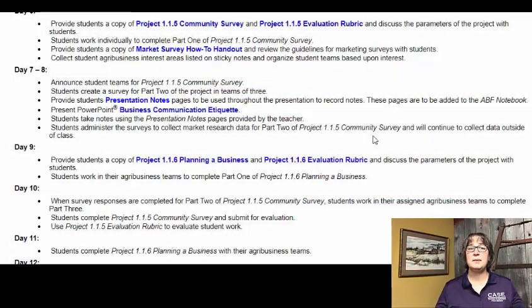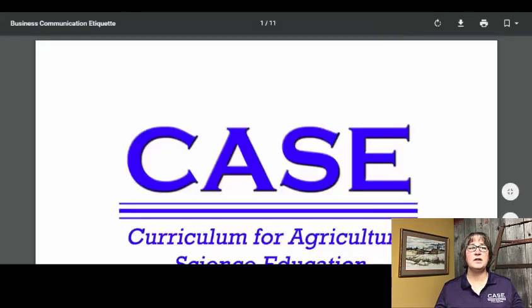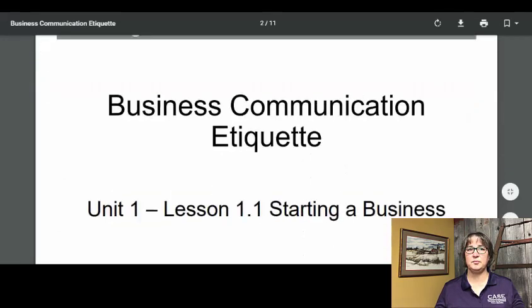After students have written their questions, they will need to determine how they will distribute the survey. Students can select one method or use a variety of methods to collect data. Many students are unsure of how to effectively communicate in a professional setting, as they may simply have never had the practice. The Business Communication Etiquette PowerPoint will provide students with important information before they learn by doing as they distribute their survey.